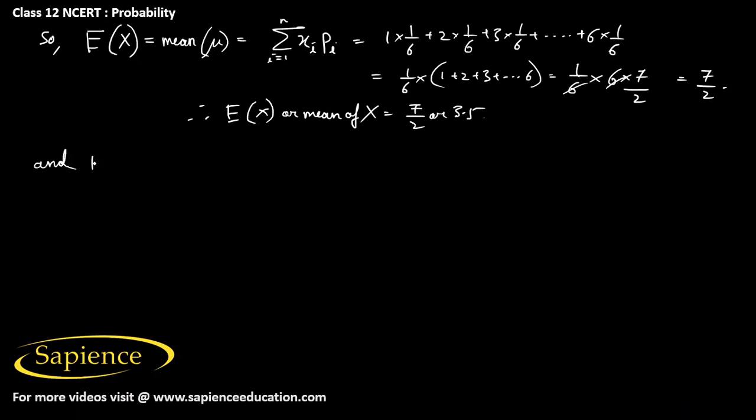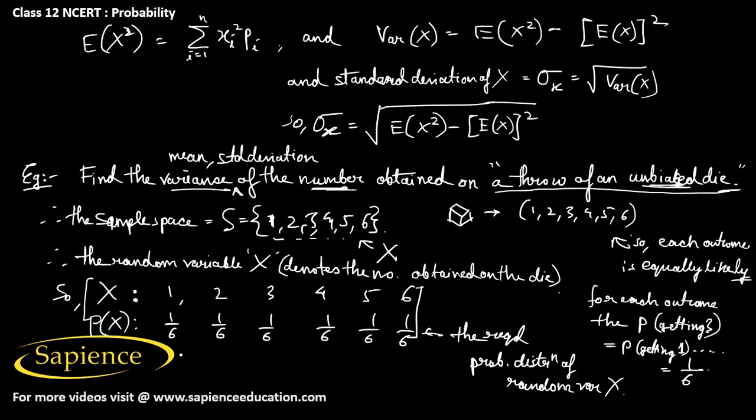And similarly, we have to find the expectation value of x square. That would be the summation of i from 1 to n of xi square into pi. So we have to take the squares of all the values of this random variable: 1 square is 1, 2 square is 4, 3 square is 9, 4 square is 16, 5 square is 25, 6 square is 36.